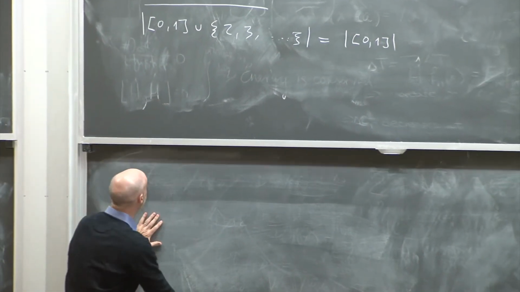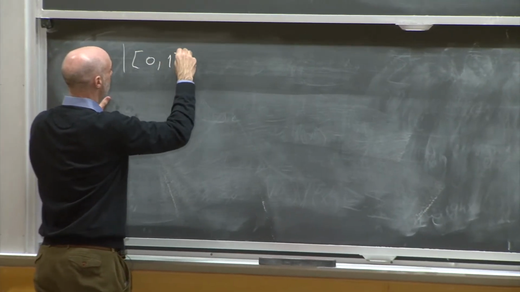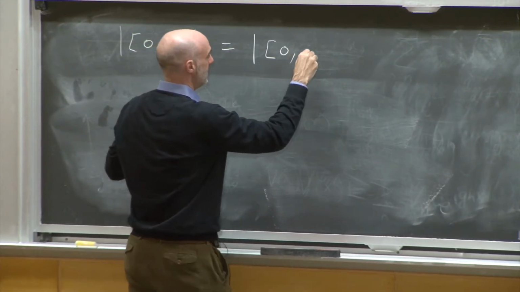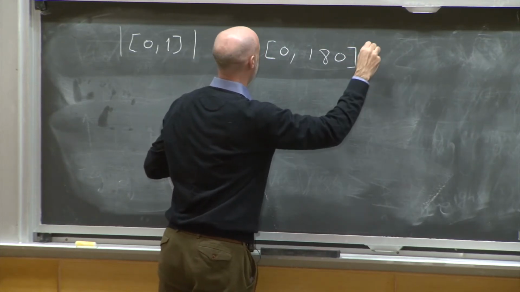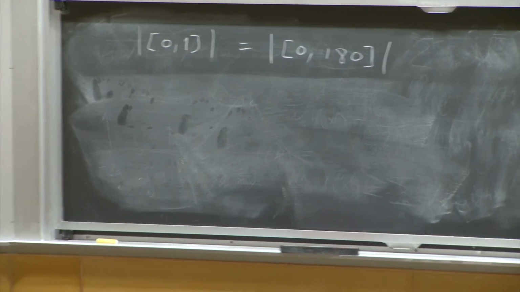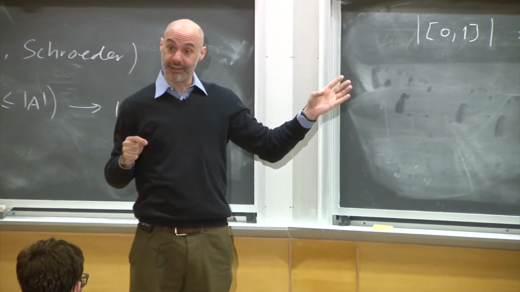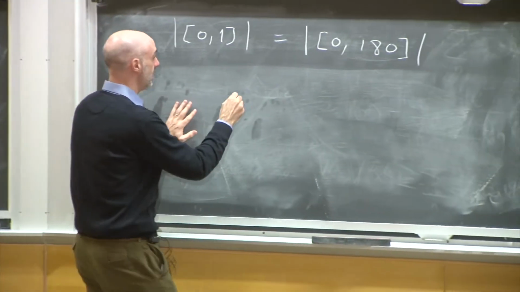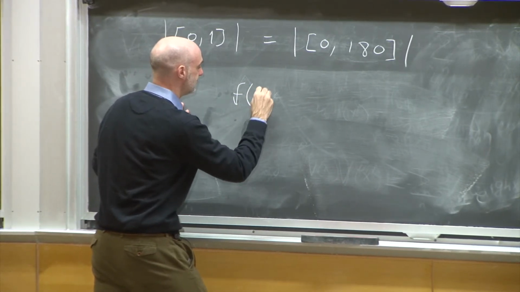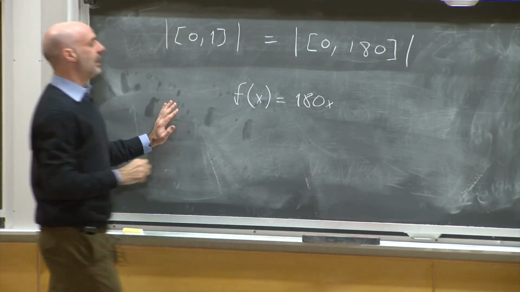I'm going to leave this there for now, and now consider this problem, the problem of whether the cardinality of that beast equals the cardinality of, say, that beast. So we have a short line and a longer line. One way to see that they have the same cardinality is by considering the function that takes f of x to 180x.